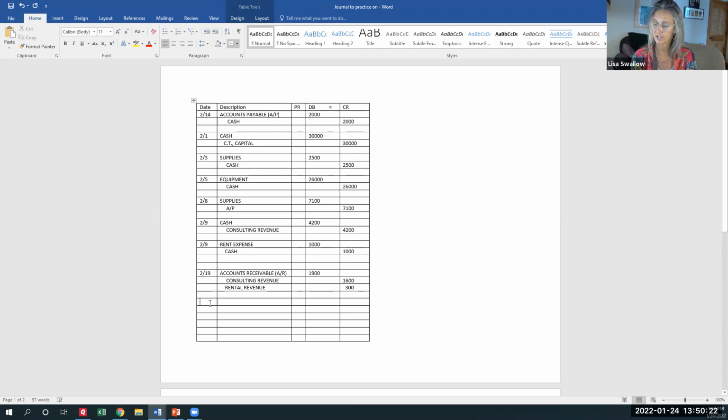Now, I'd like to turn us back to Valdez, practice a couple more out of here, and then I'm going to show you how to post and send you off to do a little bit of homework. Let's go to number 2, or I guess 1B, for Valdez on page 71. It says the company paid $1,200 cash for the just completed 2-week salary of the receptionist.